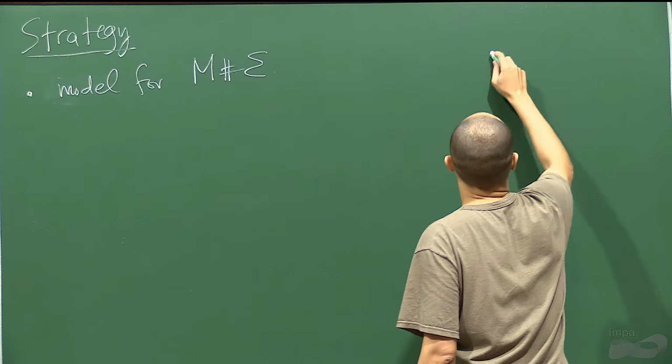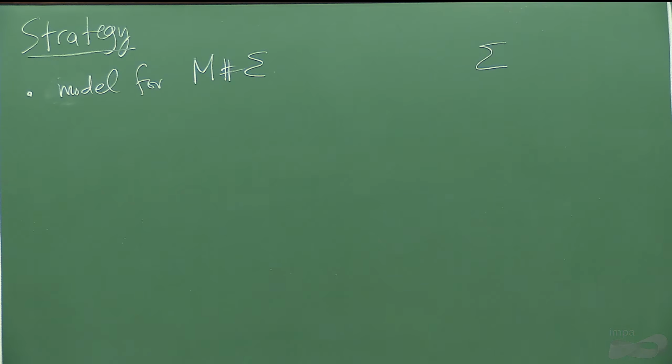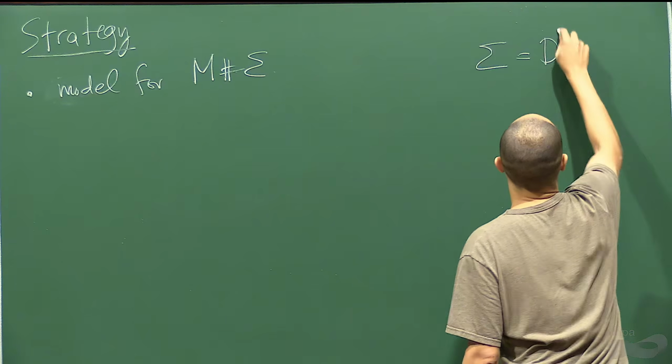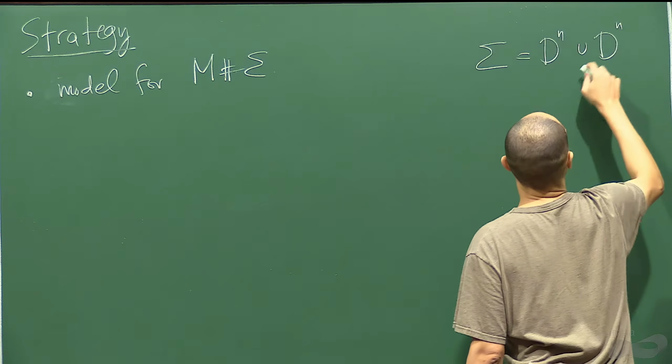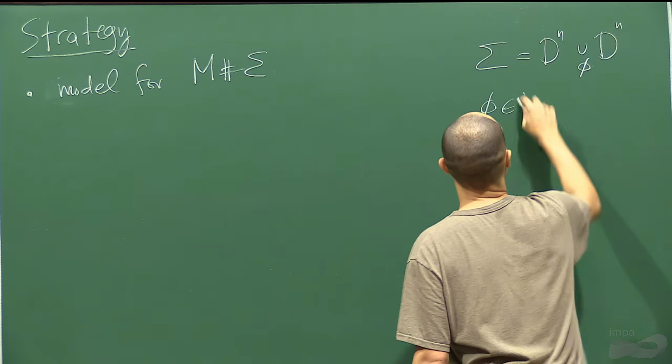So remember, yesterday we saw that any homotopy sphere can be constructed by gluing two disks by some diffeomorphism of the (n-1)-sphere.